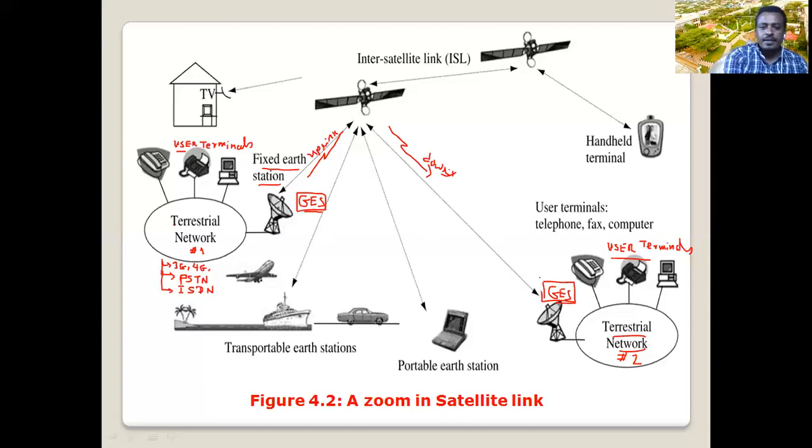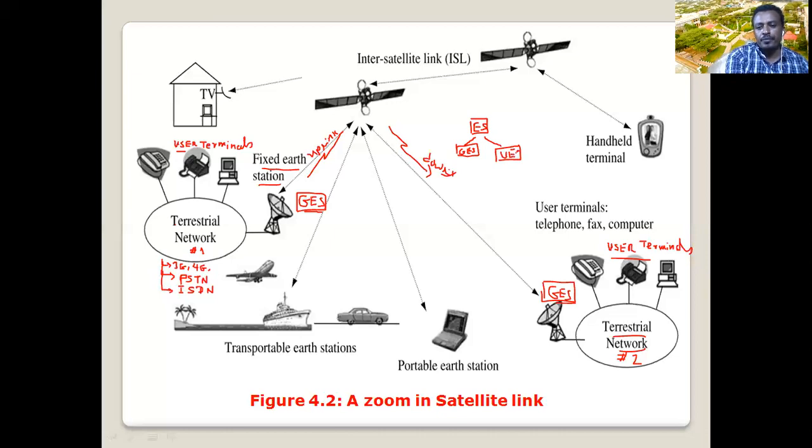We classify earth stations, satellite earth stations, into two. The first one is called gateway earth station, GES. The second, what we call it, user earth station, UES.